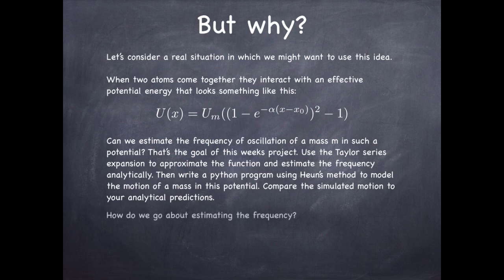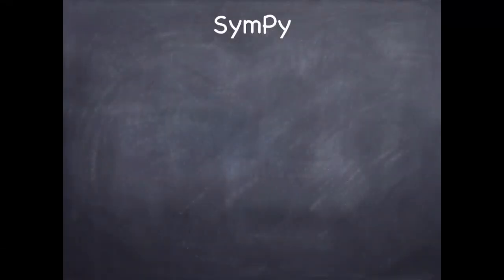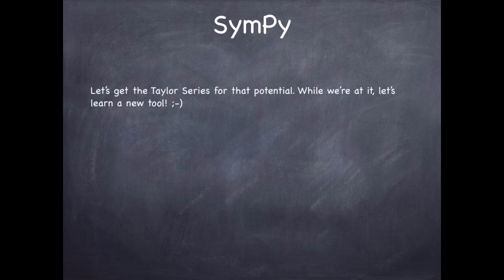So, how do we estimate that frequency? Well, we can start with the Taylor series expansion of the potential about the minimum. In order to do that, I want to introduce you to a new tool. It's called SymPy. SymPy is sort of like Mathematica or Maple, but it's built on Python and it's free, and you've already got it on your computer because it came with the software that we installed this semester.